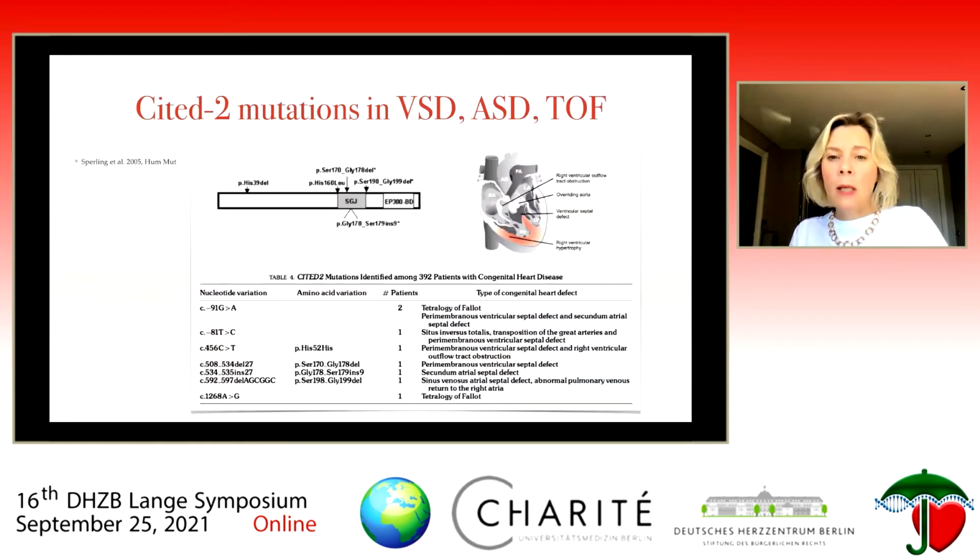So this was decided as one story at that time, 15 years ago, and we saw a panel of nucleotide variations, and there were also some associated with tetralogy of Fallot, but I think redoing this sample analysis, we would find far more genes affected and not only cited 2. So I think in congenital heart diseases, in non-syndromic ones, particularly in TOF, a monogenetic cause is very rare.